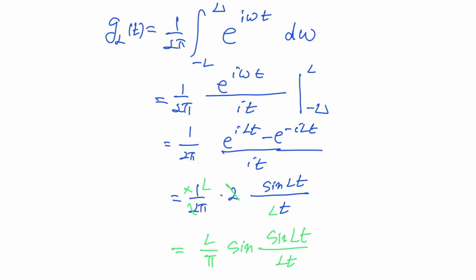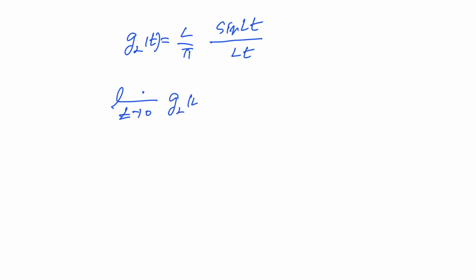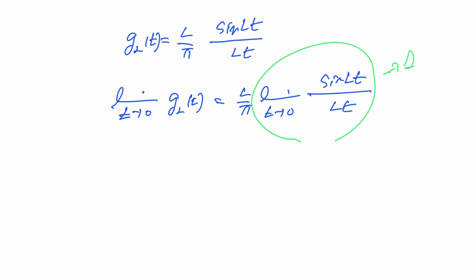So g_L(t) is L over pi times sine L t over L t. When t goes to 0, what happens? You can apply L'Hopital's theorem, so this goes to 1, and it becomes L over pi.